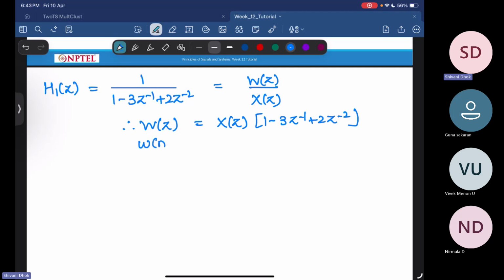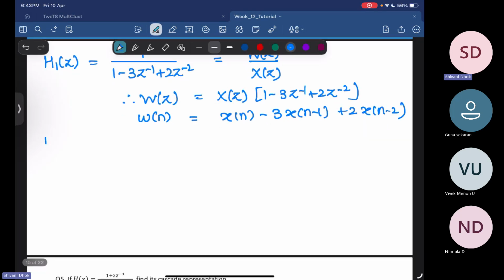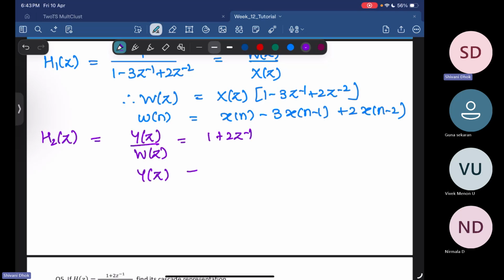So your W of n is nothing but x of n minus 3 times x of n minus 1 plus 2 times x of n minus 2. Okay. And your H2 of z, sorry, is Y of z upon W of z, which is equal to 1 plus 2z inverse. So therefore Y of z is equal to 1 plus 2z inverse.